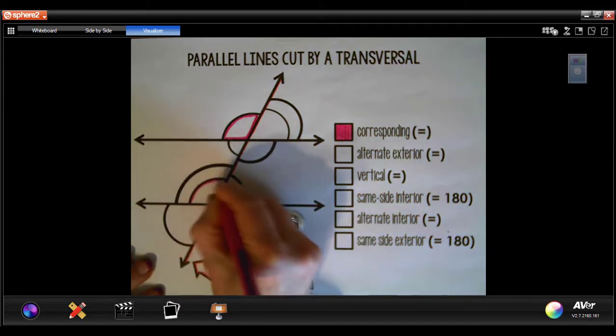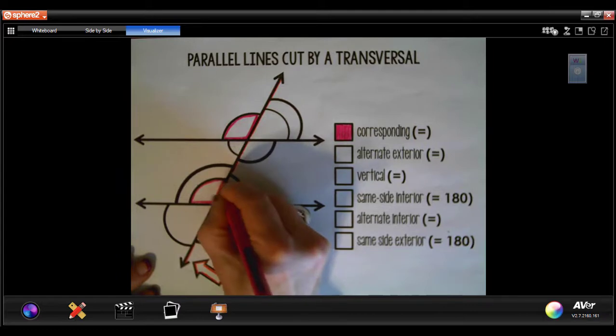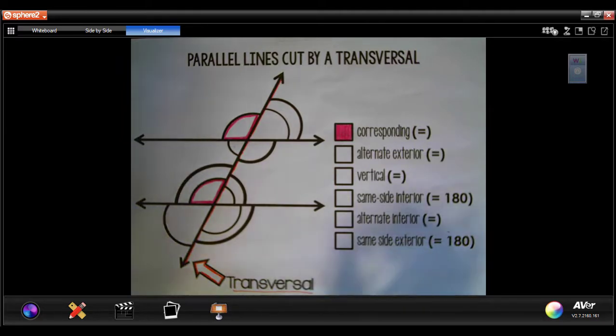Now there's other corresponding angles in our picture, so we're just going to focus on one of each of these. But I want you to realize we have other corresponding angles here, and you'll notice that when we take some other notes on a different sheet. So this is kind of for you visual, creative people to help you identify the different types of angles.